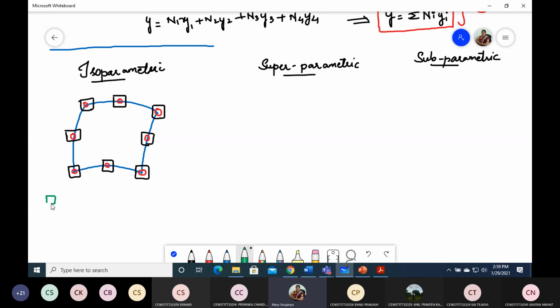Let us take this as the shape functions used for defining displacements and shape functions that are used to define geometry.